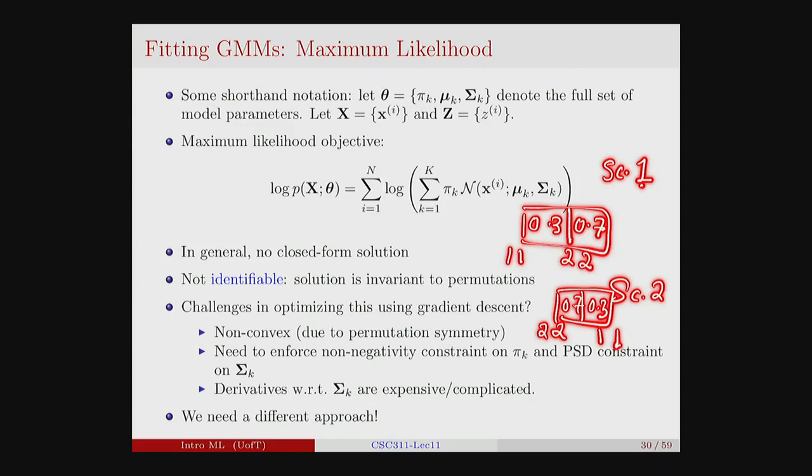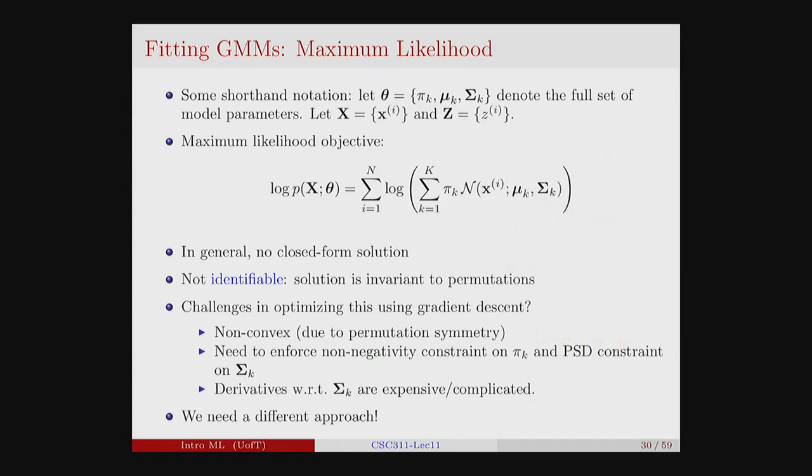My claim to you here is that both of these scenarios have exactly the same value of P of X. The reason that's true is that you can permute the identity of where the clusters lie between 1 to k without changing the likelihood function, which is why this problem is not identifiable due to permutation.